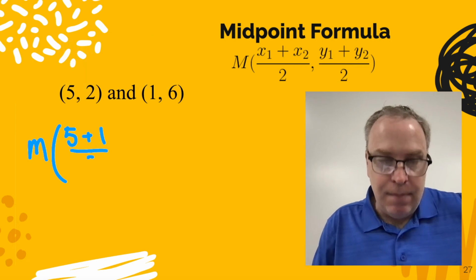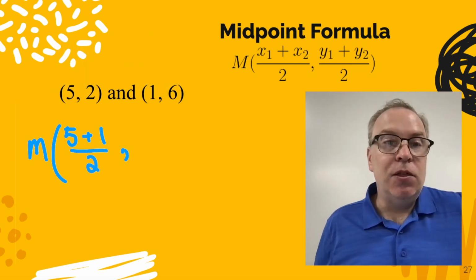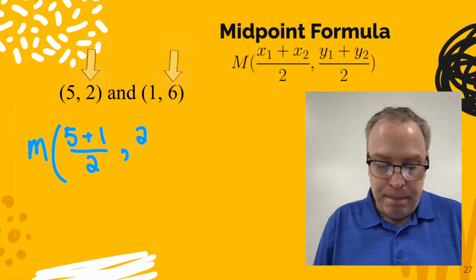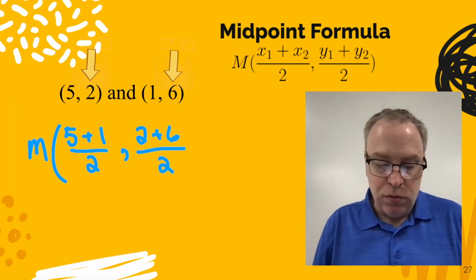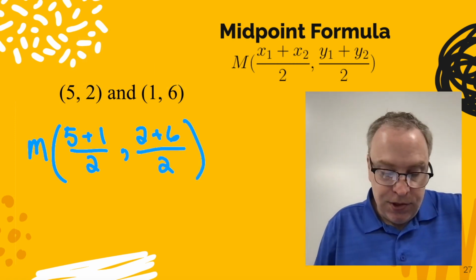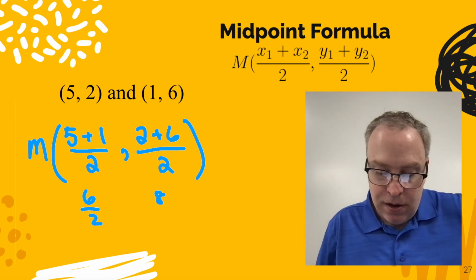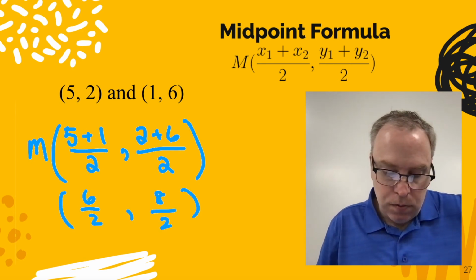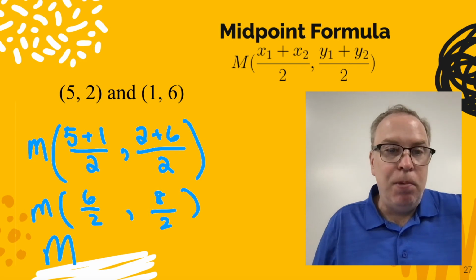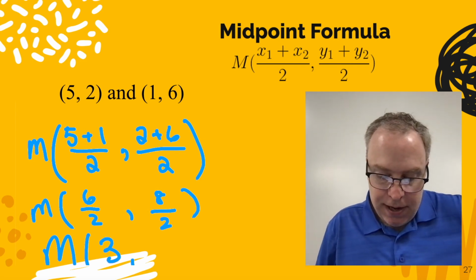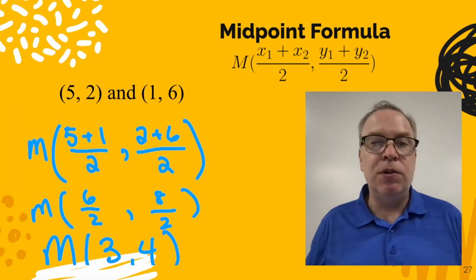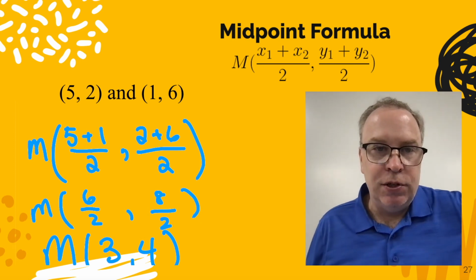Add them up, divide by 2. Take the y coordinates, 2 and 6, add them up, divide by 2. I get 6 over 2 and 8 over 2. So my midpoint is 3, 4. You see how easy that was? We just averaged the x's and averaged the y's.